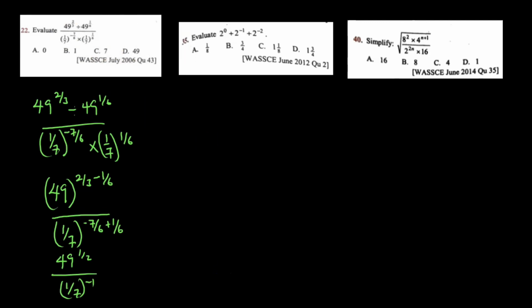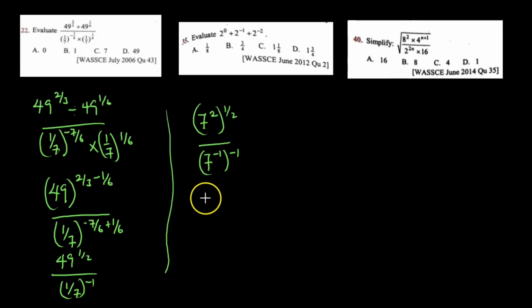Moving forward, we are going to have it as 7 to the power 2, all raised to the power half. Then we have the denominator as 7 raised to the power negative 1, all raised to the power negative 1.